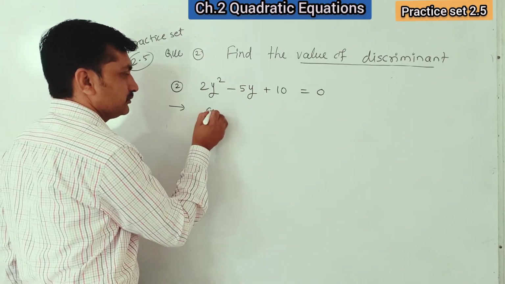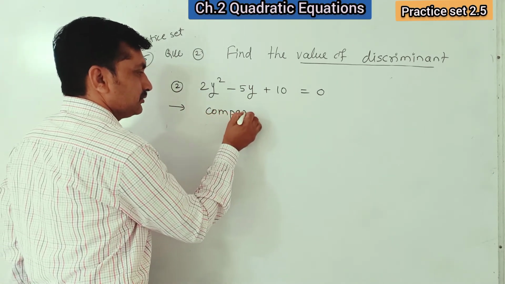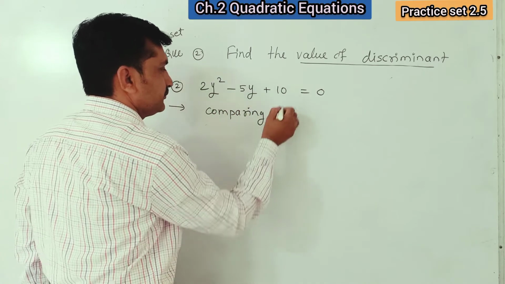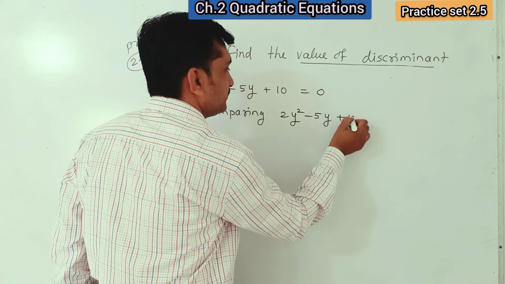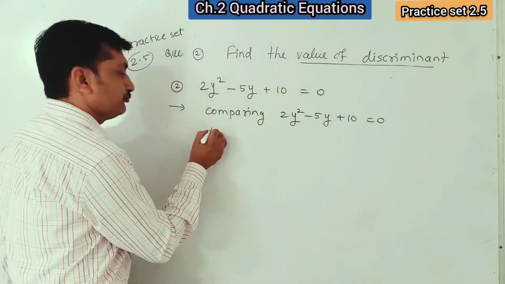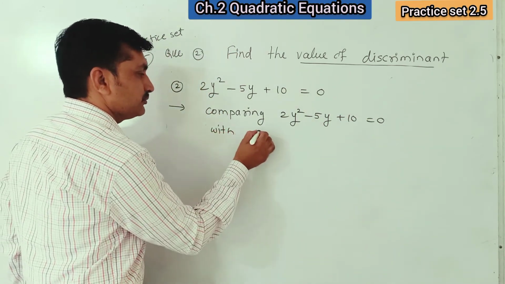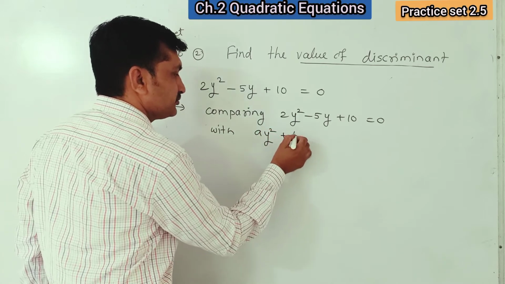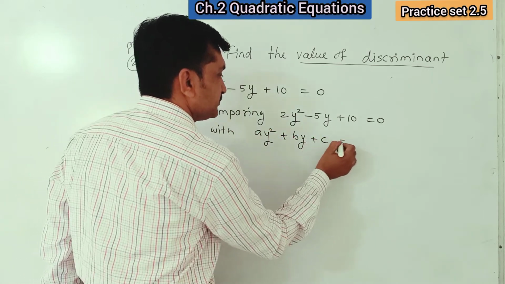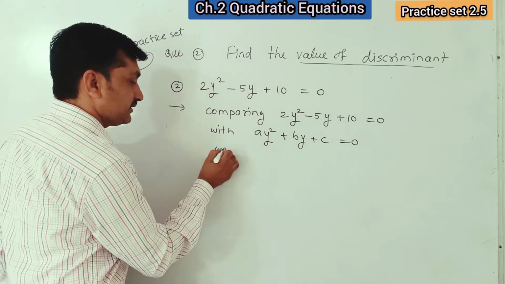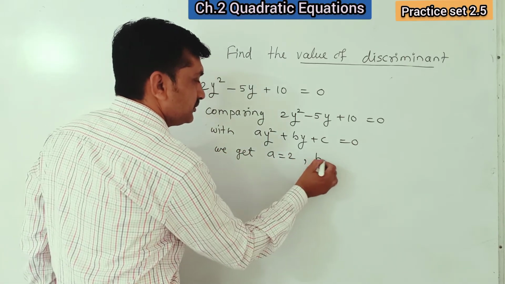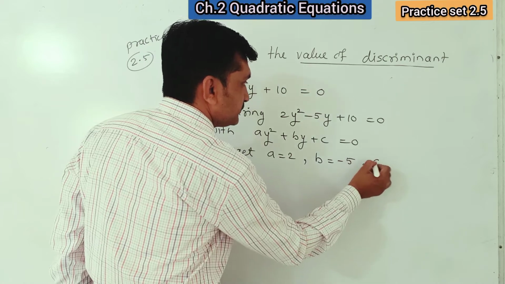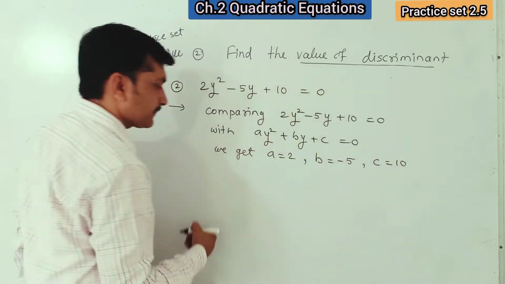Example number 2. Now you can solve. Comparing the given equation 2y square minus 5y plus 10 is equal to 0 with the standard form ay square plus by plus c is equal to 0, we get a is equal to 2, b is equal to minus 5, c is equal to 10.